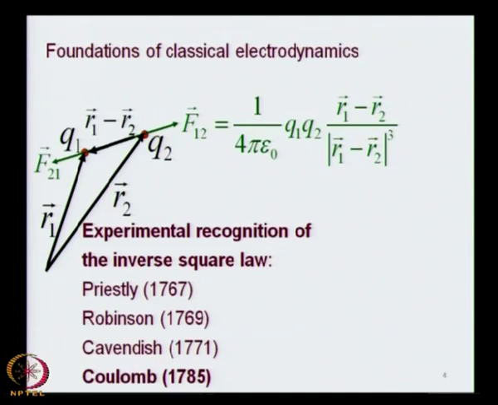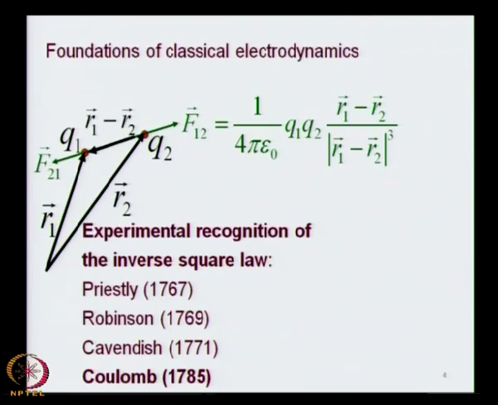This came out of observations which were carried out by Priestley, Robinson, Cavendish, and most importantly by Coulomb, who really provided some sort of a very detailed catalog of what kind of force these charges exert on each other, how to estimate this, and that if the two charges are like charges, they repel each other; if they are unlike, they attract each other, but the force is nevertheless given by the 1 over distance square law.